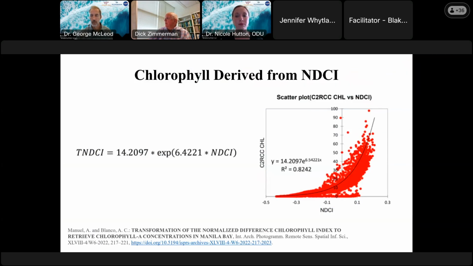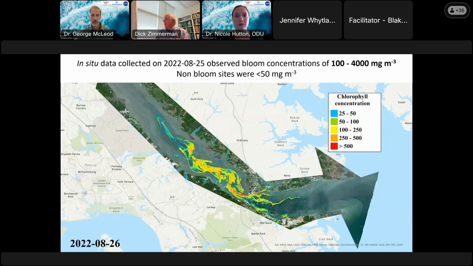And we can get to absolute chlorophyll from this. If you look at a chlorophyll map here, you see now we can actually get chlorophyll maps from the imagery. Now, the interesting thing to note is that the Virginia Institute of Marine Science is located right here at the base of the bridge.